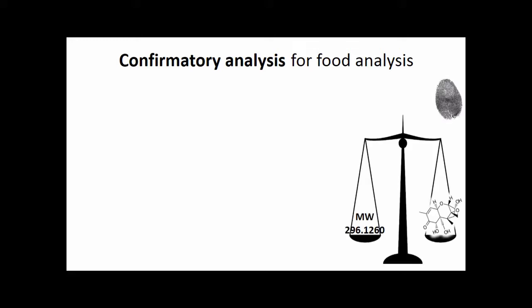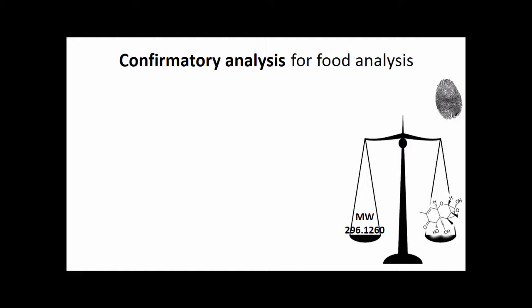For the positive results of the screening, confirmatory analysis is going to be performed. By measuring the molecular weight of an analyte, which acts as a molecular fingerprint, we're able to identify the substance that caused the positive signal from the screening.